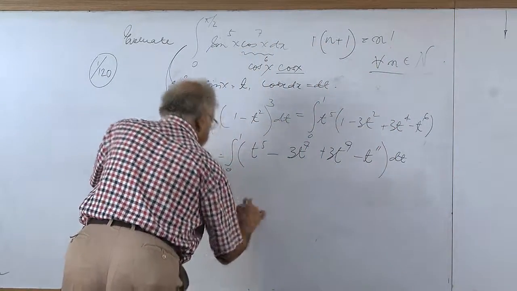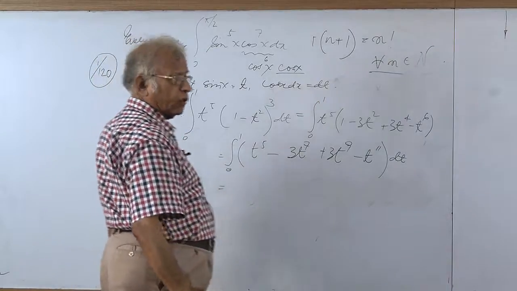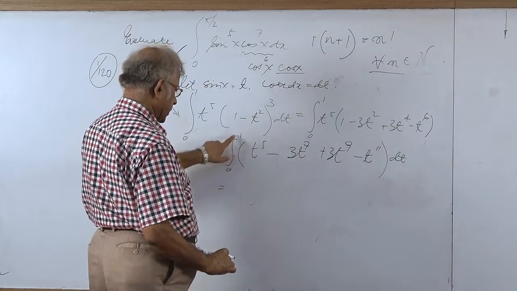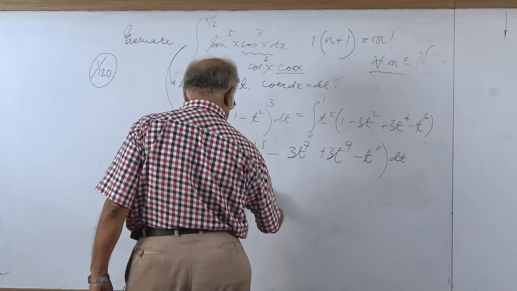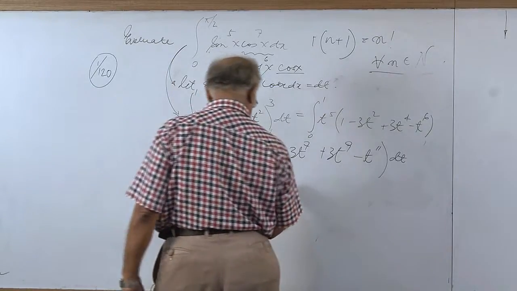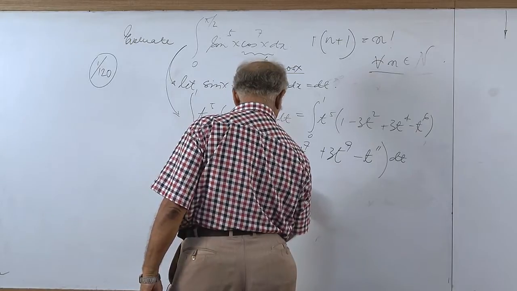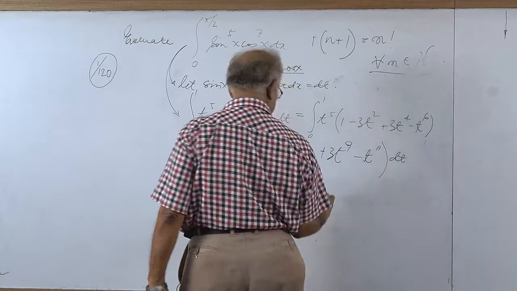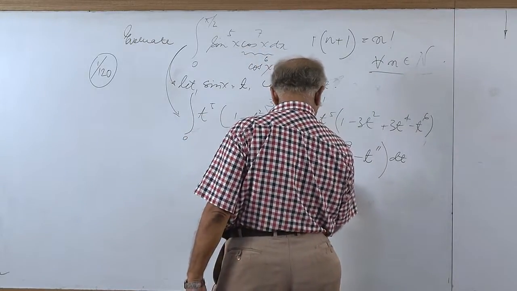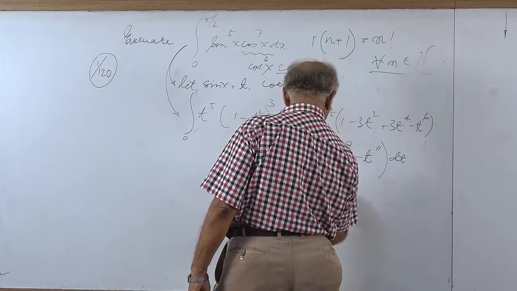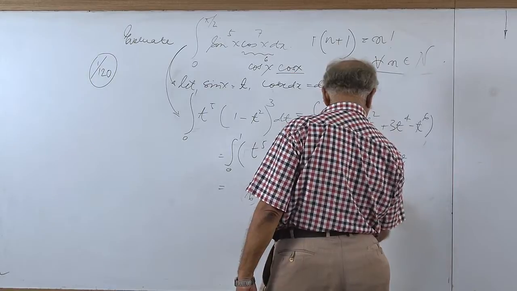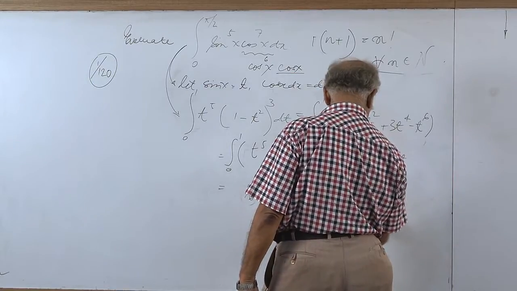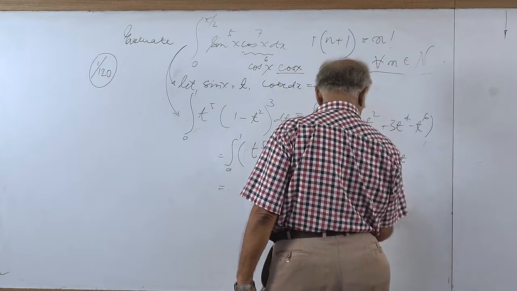Now this will be t to the power of 6 over 6. So we just write 1 by 6. Looking at the limits to be 0 and 1, this is 1 by 6 minus 3 by 8 plus 3 by 10 minus 1 by 12.